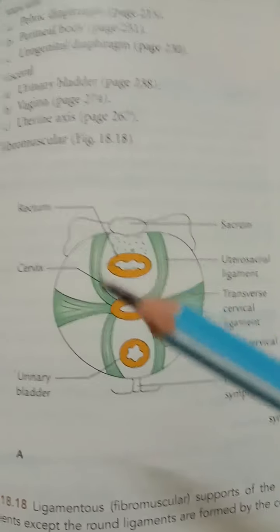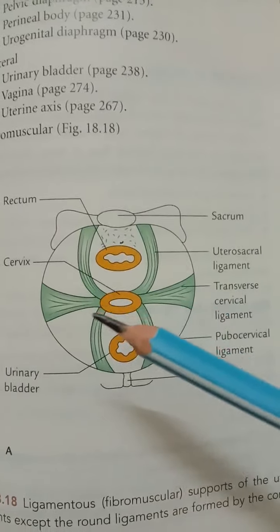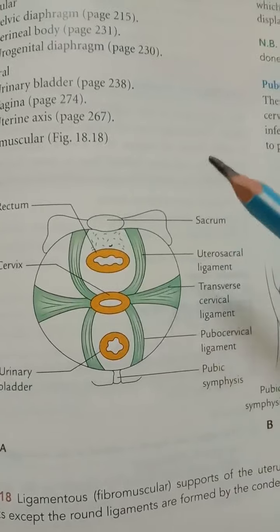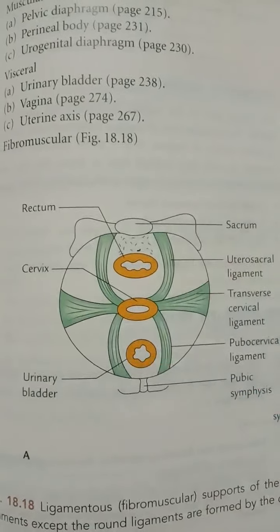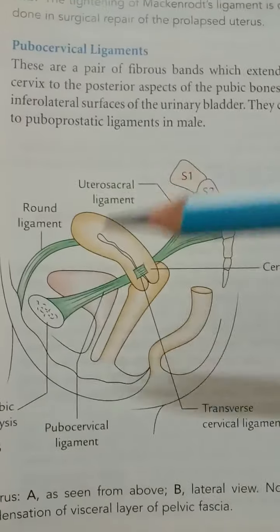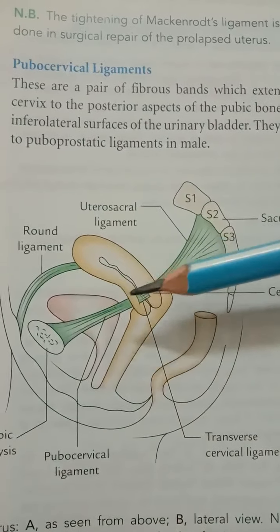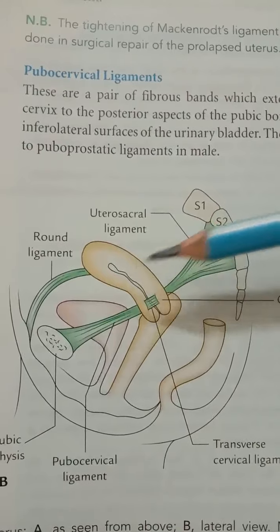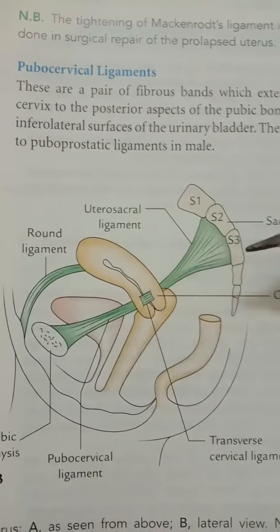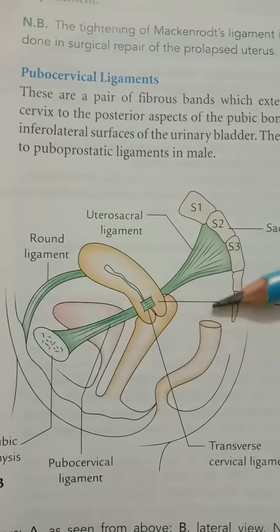These will be described separately under the supports of the uterus. Then the supports of the uterus. The uterus is kept in position and prevented from sagging, so a number of structures give support to it.